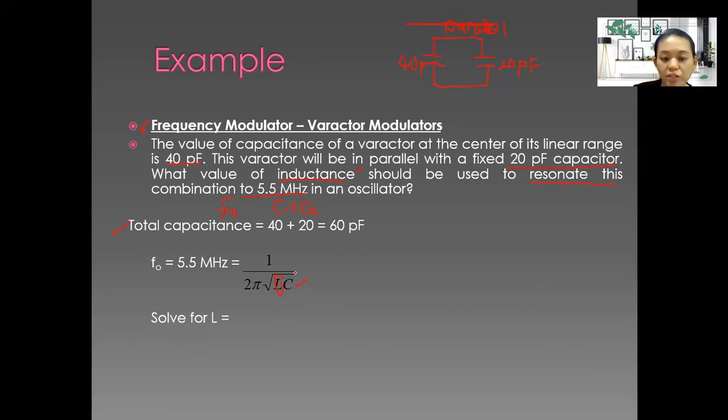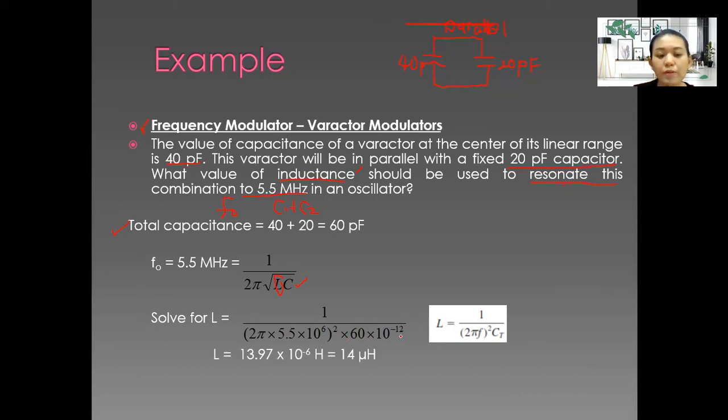So we rearrange this equation, we get L equals 1 divided by 2 pi F, the whole thing squared, times our C total. Then we substitute: L equals 1 over 2 pi times 5.5 times 10 to the power of 6, the whole thing squared, multiplied by 60 times 10 to the power of negative 12 farads. Put it in the calculator, we get 13.97 times 10 to the power of negative 6 henry.